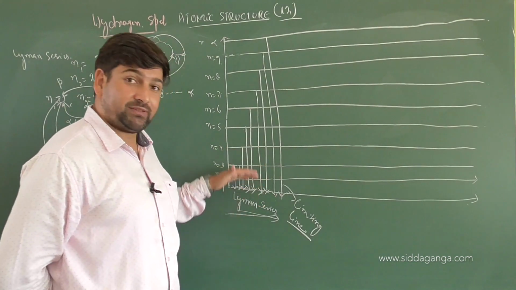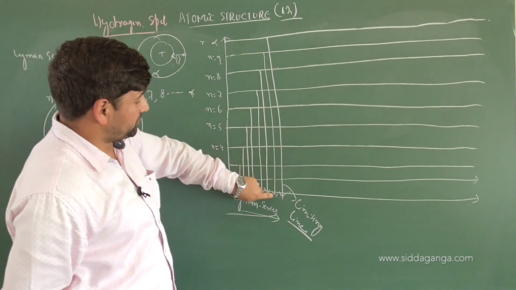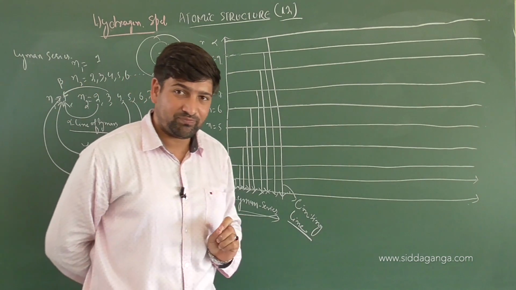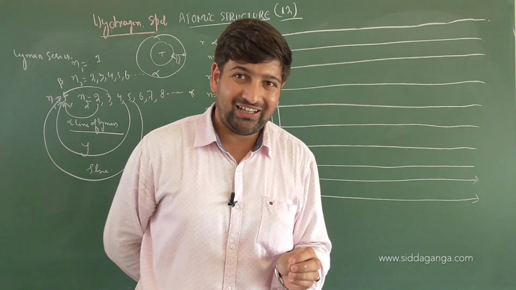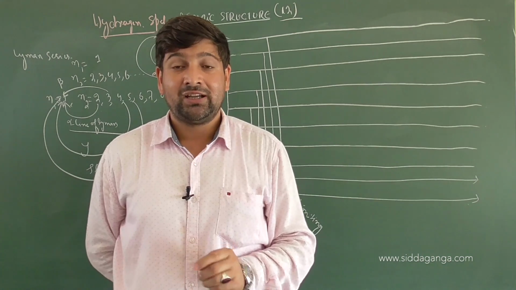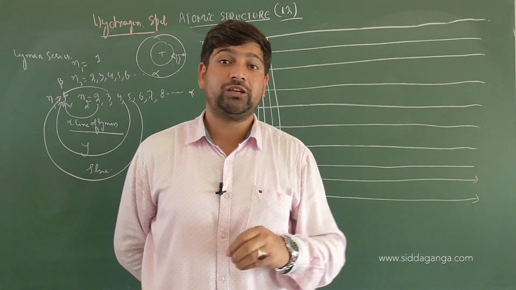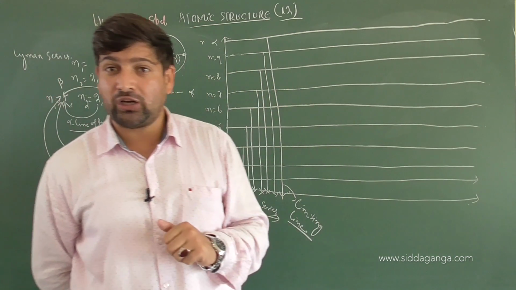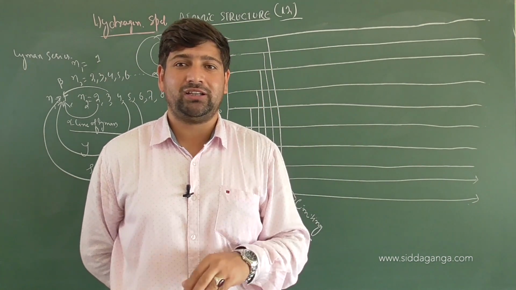The amount of energy released will be more when it is coming from infinity to 1 compared to 2 to 1. So children, when you are moving from alpha line to infinity, that is alpha line to the limiting line of a particular series, the frequency of the emitted photon will keep on increasing, wavelength of the emitted photon will keep on decreasing, energy of the emitted photon will keep on increasing.